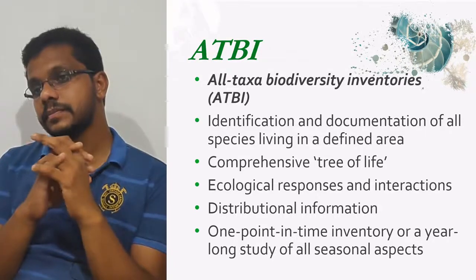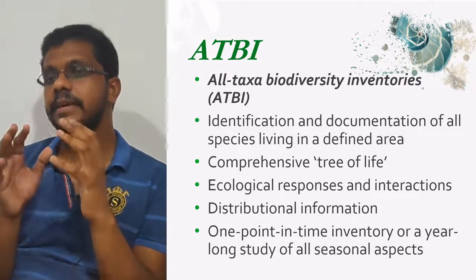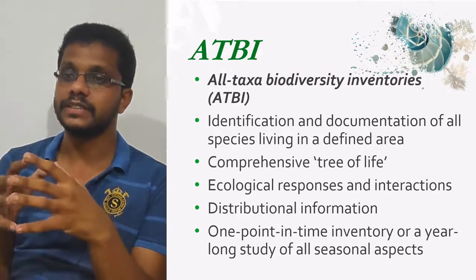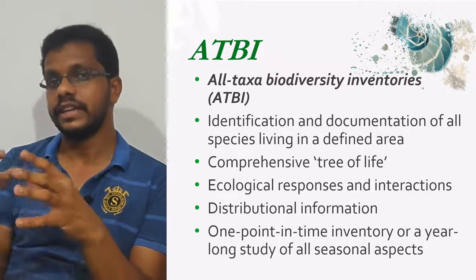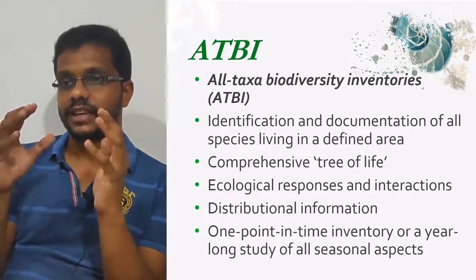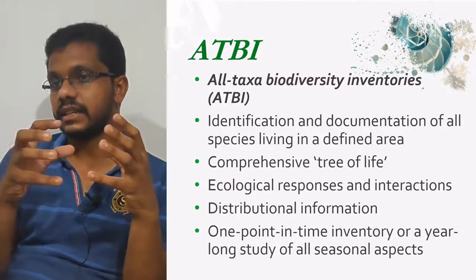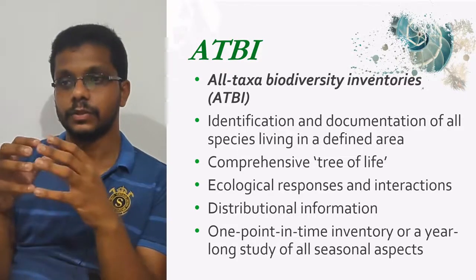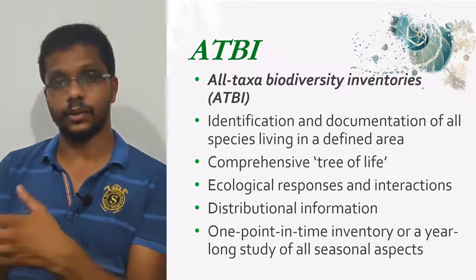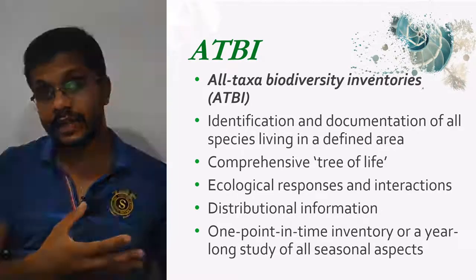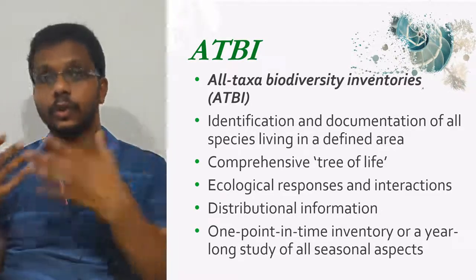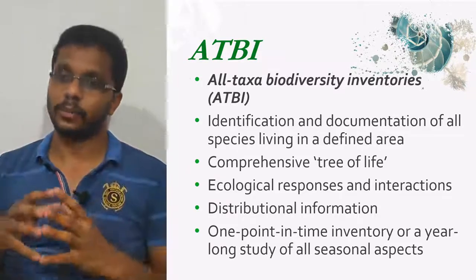ecosystem. So ATBI includes identification and documentation of all species living in a defined area. We can define the area, and we are studying every species present in that area. We should identify the organism based on the systematic classification, and also document its ecological properties.